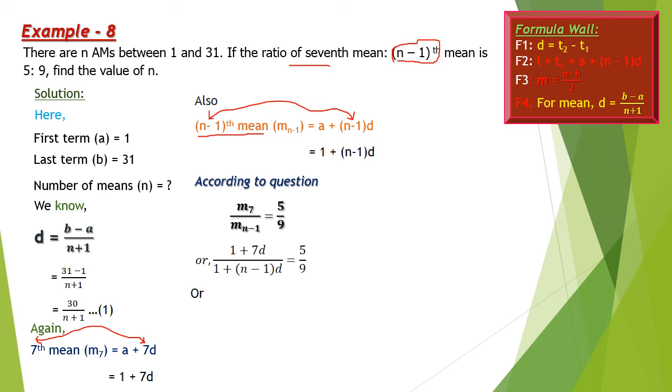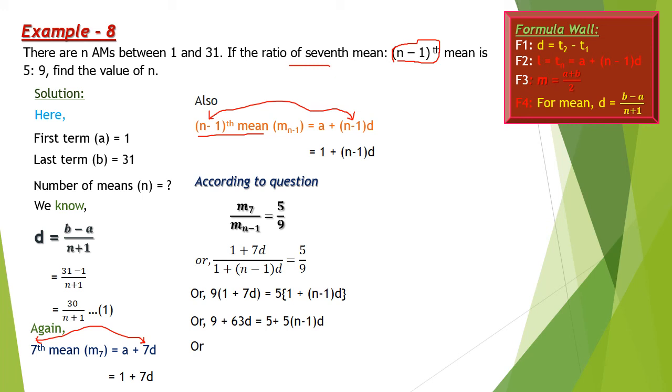Now let's cross multiply. 9 bracket 1 plus 7d equal to 5, another curly bracket, 1 plus (n minus 1)d. Okay, let's open the bracket. 9 plus 63d equal to 5 plus 5(n minus 1)d.